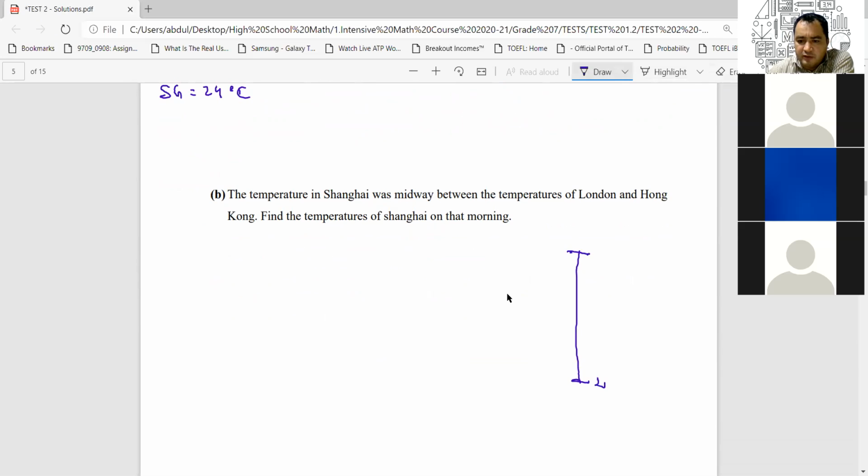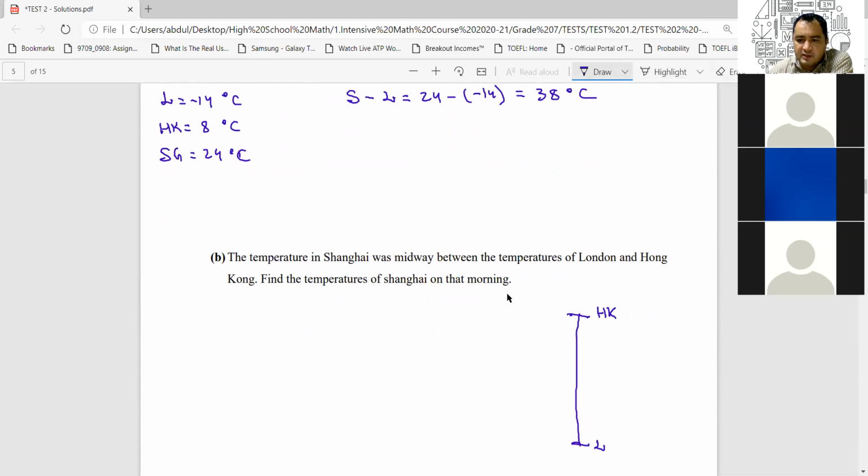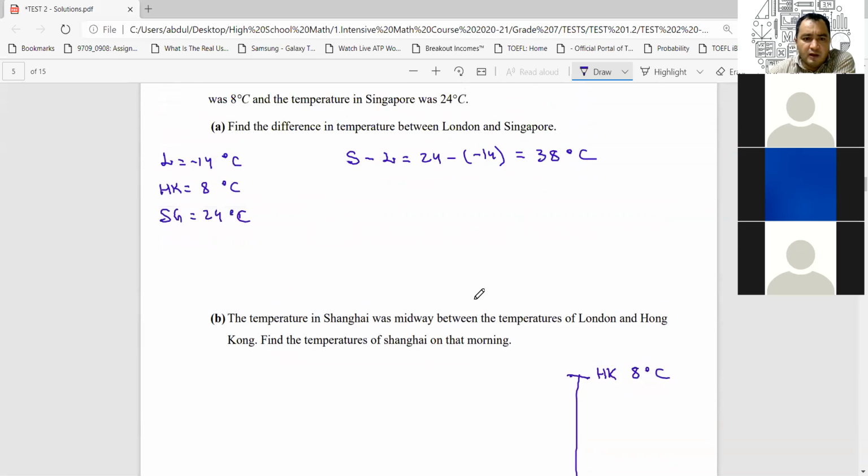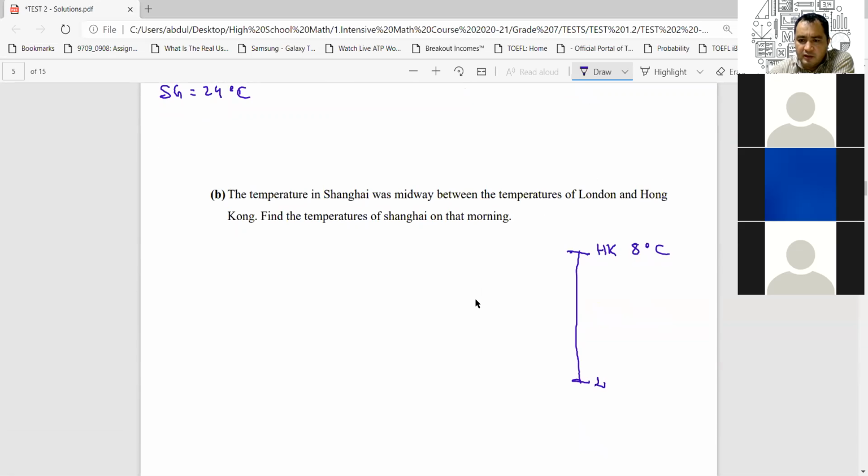Here the temperature in London, and here the temperature in Hong Kong. In Hong Kong it is 8 degrees Celsius, and in London it is negative 14 degrees Celsius. The temperature in Shanghai is midway between them, exactly right here.